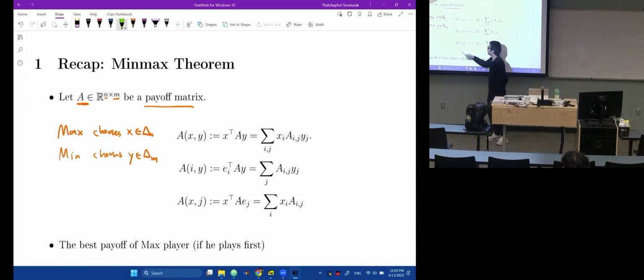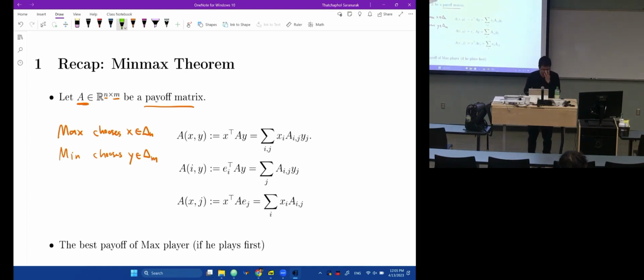Similarly, if the min player chooses j deterministically, the expected payoff is this thing. One thing I want to stress is that when you see A(x,y) or A(i,y), you need to be careful which one is a distribution and which one is not. If this one is not a distribution, it means this, and y is the distribution, so it's like summing over all of y. We'll use this notation quite a lot in this class, so make sure you understand it.